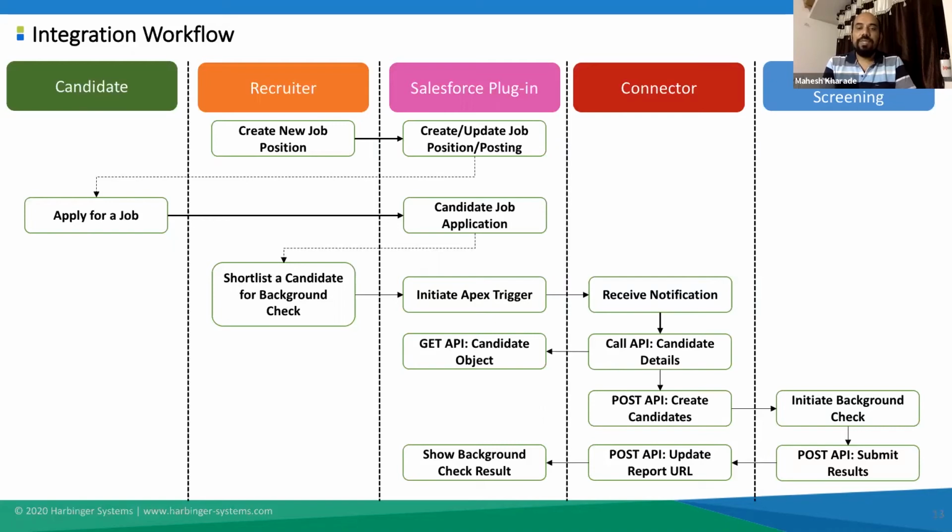So when the business object API call is made by the connector, it checks if all the necessary candidate details are present, and if not, it will send an email notification to the candidate, giving them a URL which they can hit to come to a form where they can submit the missing details, and then the background check workflow will be completed.